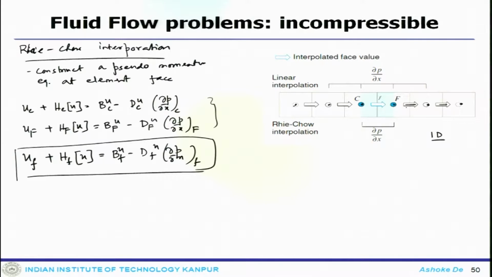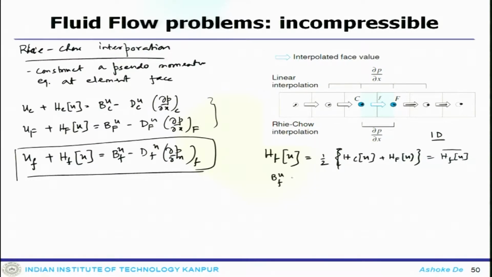So, you use some sort of a linear interpolation profile, and there you get H_F^U equals half of H_C^U plus H_F^U, which one can think of as H_F^U bar.